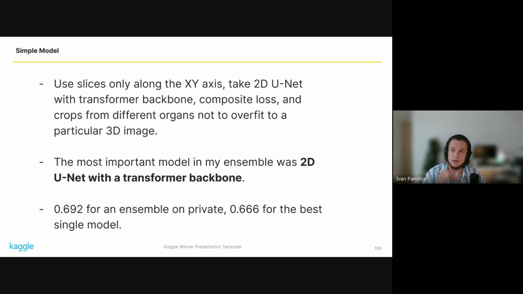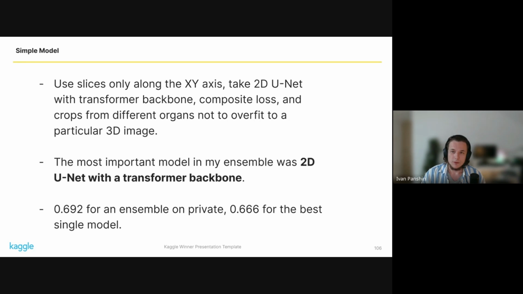Then I would take the 2D UNet with transformer backbones, simply because it works better than 2D UNet with convolution backbones. I would still use composite loss because it's free. And I would use crops from different organs and different scans, not to overfit to a particular 3D image, which is a big concern if you don't have a lot of training data.